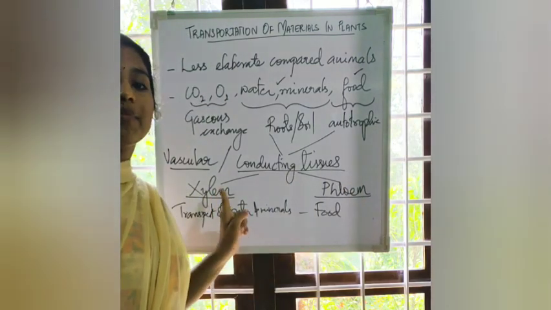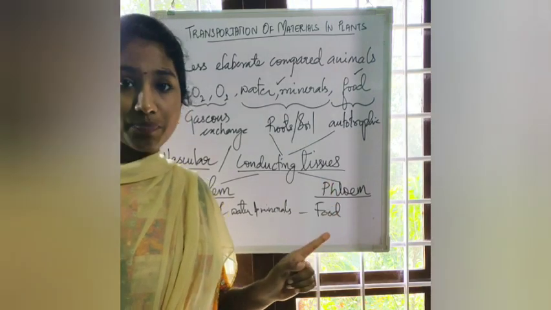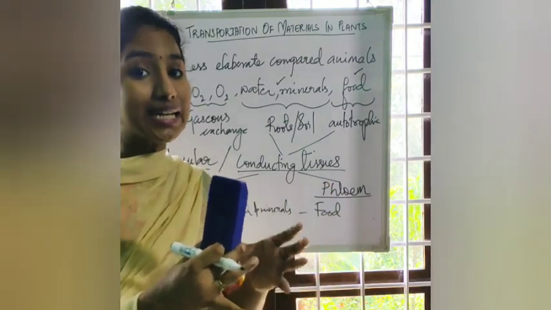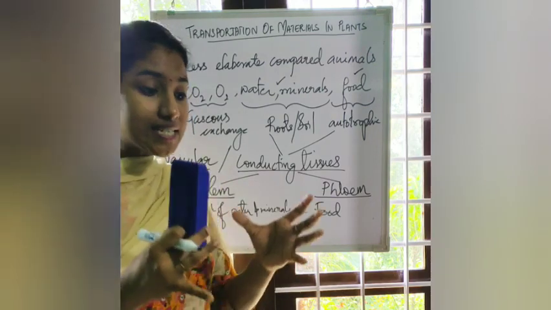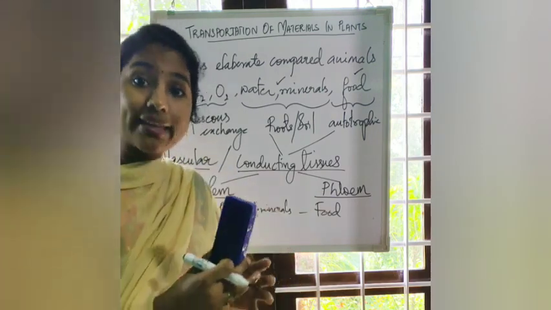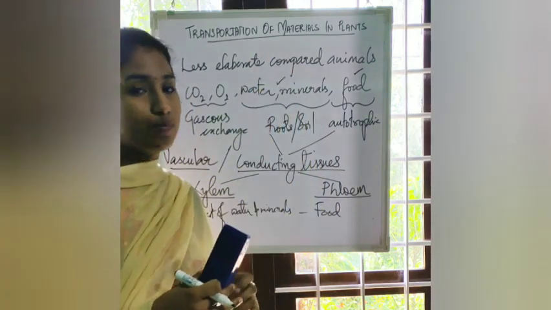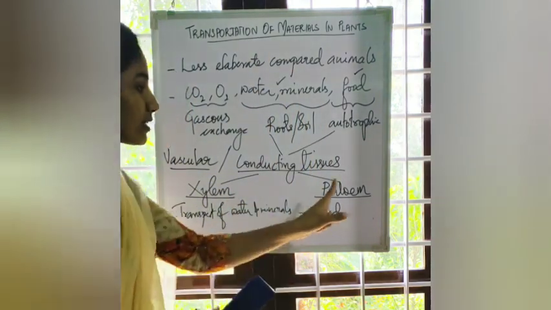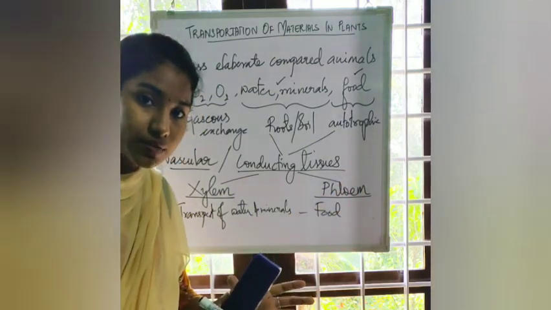Both are made up of different types of cells. Different types of cells combine together to form an interconnected channel or network which together perform the function of transportation. So xylem is made up of a few different kinds of cells. Phloem is made up of a few different kinds of cells.